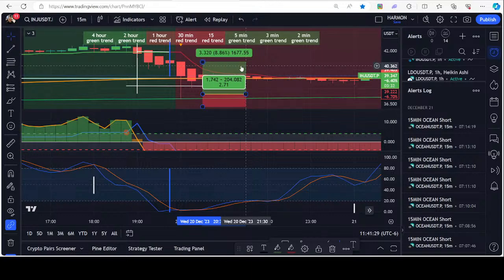But what made the difference in this entire trade was the 1 hour RSI bounced and started to head down and actually went in your favor. So 15, 30, and 1 hour all in your favor created a bigger pullback, right?